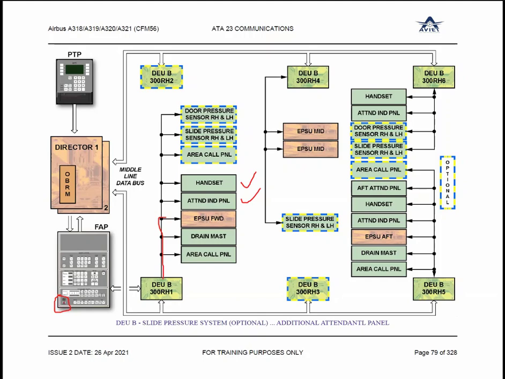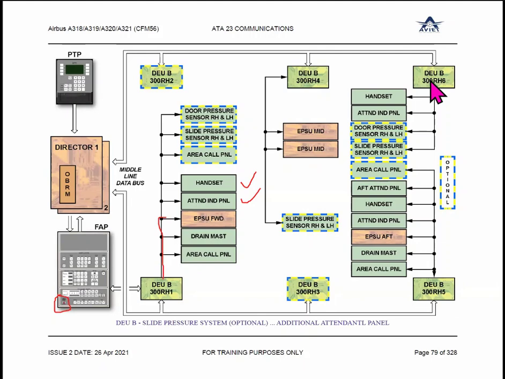So this is the system for DUB. As far as the A320 is concerned, we are talking about all these elements in respect of the 320 aircraft. On the 320 we have a provision of 6 decoder encoder units.